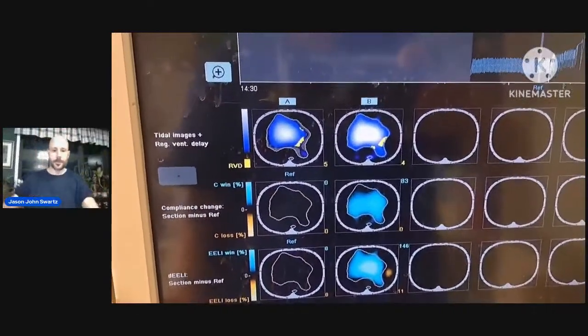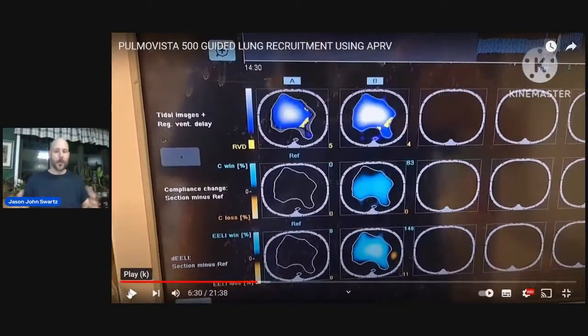So this ventilator result is telling me that when I went from the PC-PSV with the PEEP of 10, delta 15, peak of 25, and I transitioned over here, the end expiratory lung impedance increased by 146%. All right, blue all around.